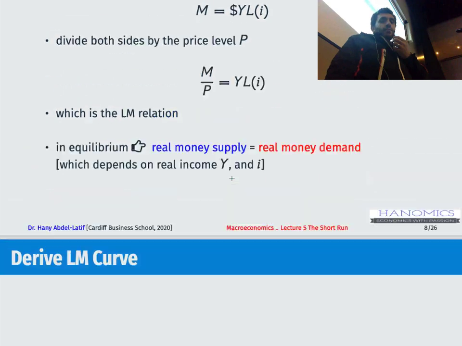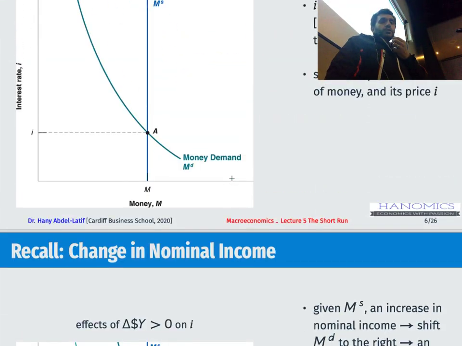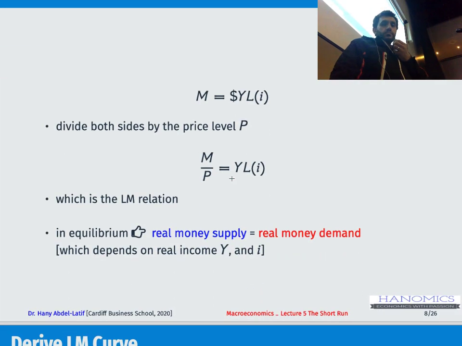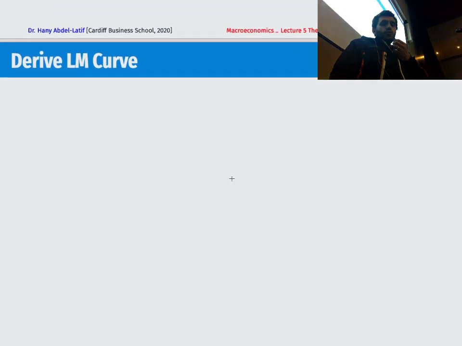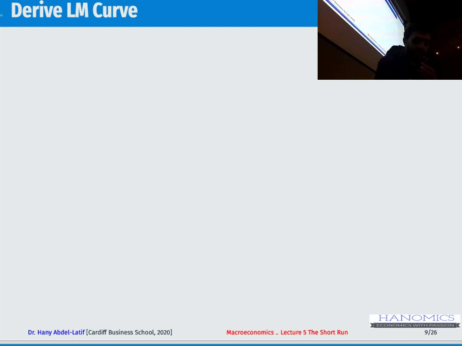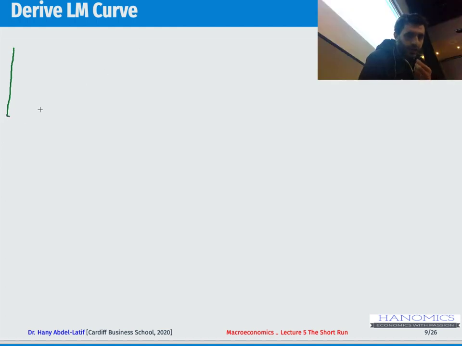Okay, so what I'm going to do now, I'm just going to plot this equilibrium. And I'll show you what that means to the LM relationship. So let's say now we start with an initial equilibrium in the money market.